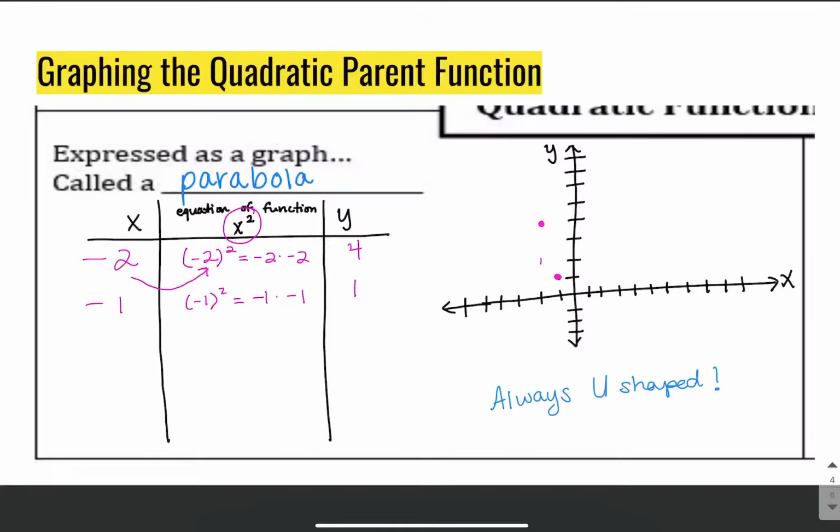All right, let's do 0. 0 squared, 0 times 0, is still just 0. So notice we start seeing this shape. Well, let's go ahead and do 1. That would mean I need 1 squared, which is 1 times 1, which is still just 1.